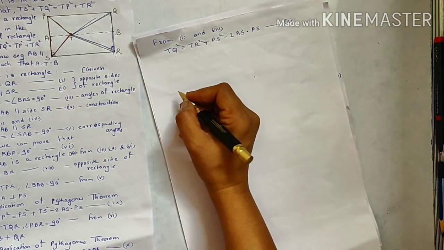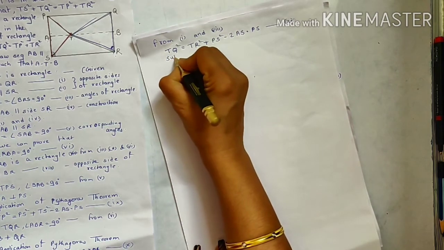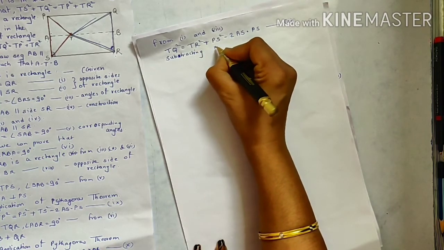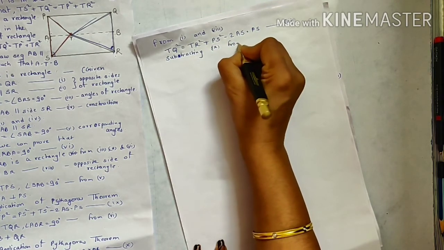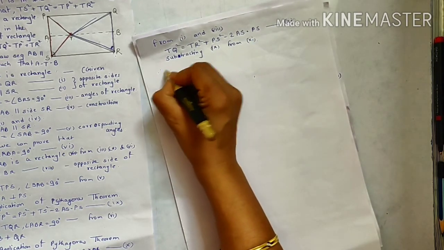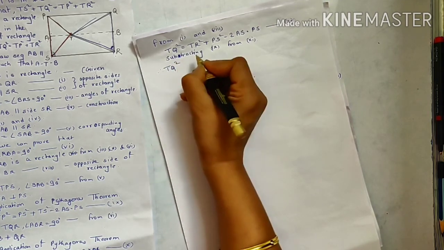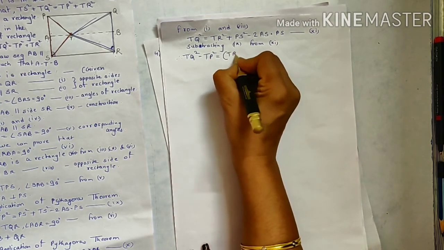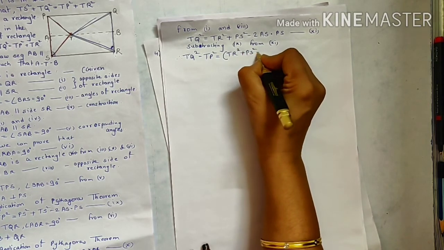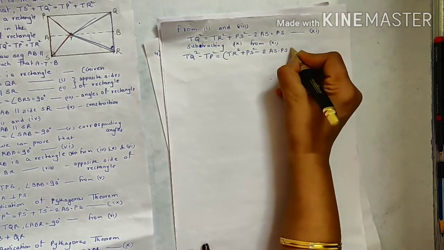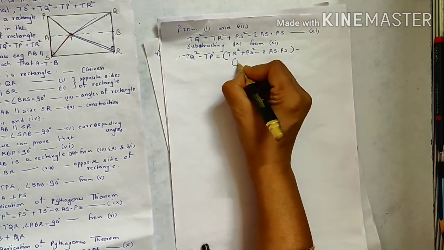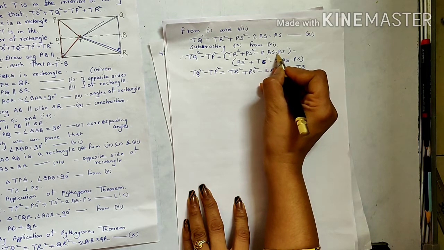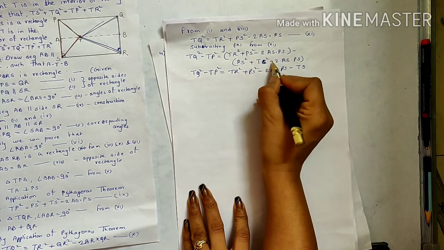Now subtracting 9 from 11. We will get TQ square minus TP square is equal to TR square plus PS square minus 2AS into PS minus, PS square plus TS square minus 2AS into PS.